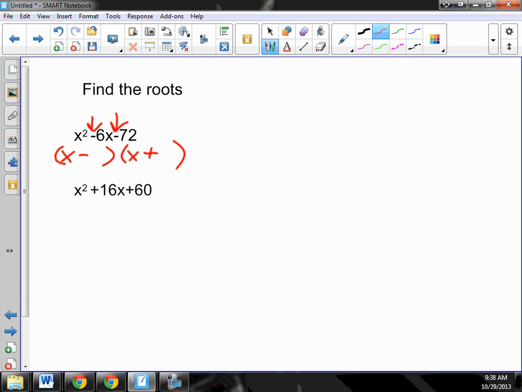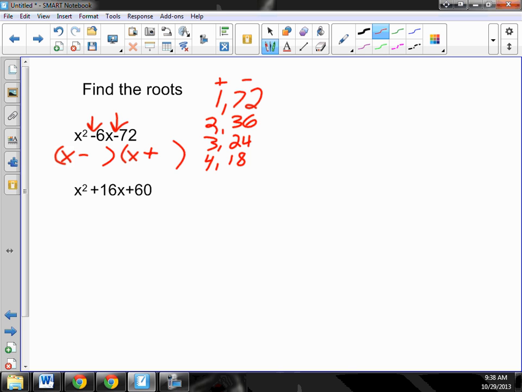Now I need to factor 72. So 1 and 72. And in this list, the smaller number is positive and the bigger number is negative. Do 1 and 72 create a negative 6? Not even close. So 2 and 36, does that one work? No. 3 and 24? No. 4 and 18?